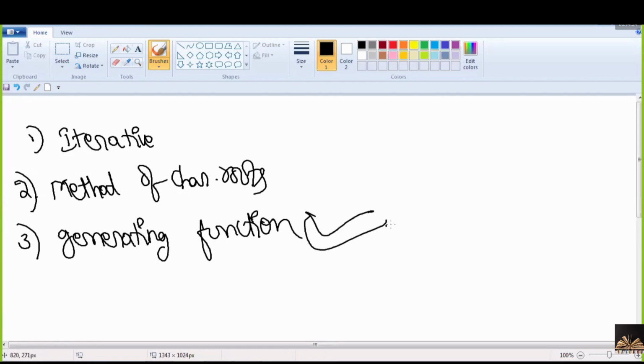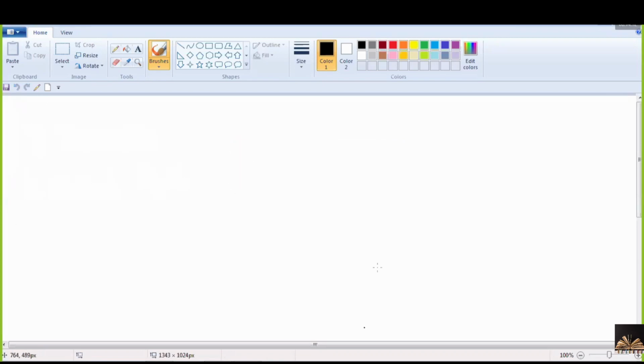Right? Before that, first I'll tell you how a generating function looks like. What is the format of a generating function that we will see now, right? Am I audible?